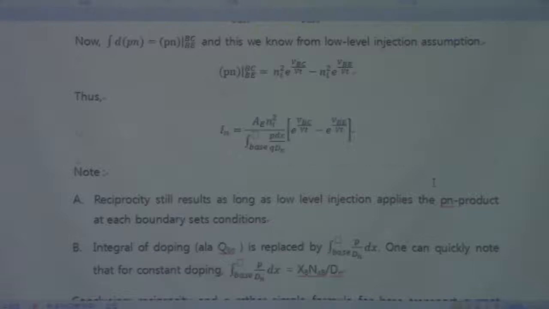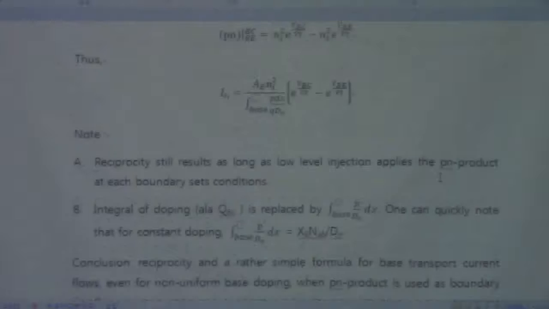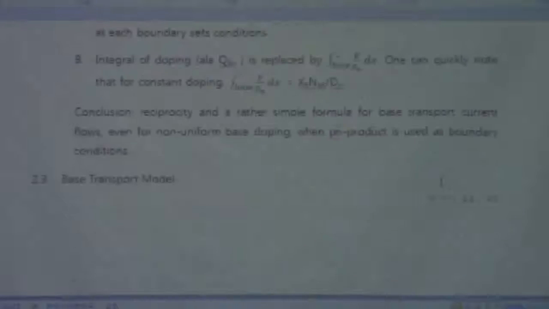According to this equation, in order to have a big current in a bipolar, we have to lightly dope the base to make the whole integral small, right? So that is the basic equation for the general transport in the bipolar transistor.